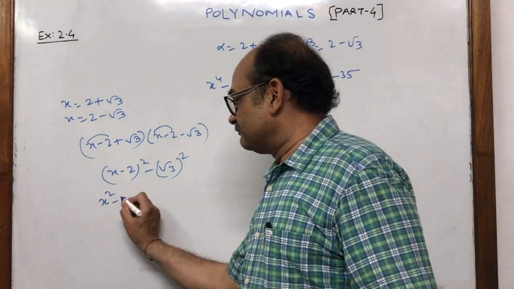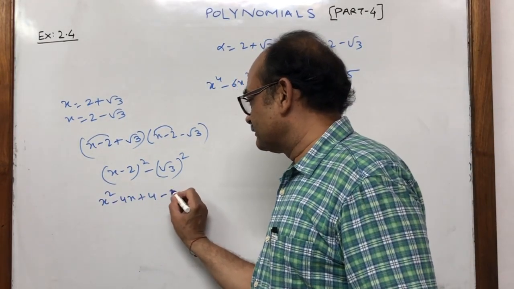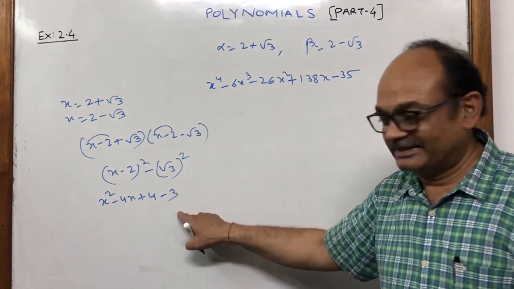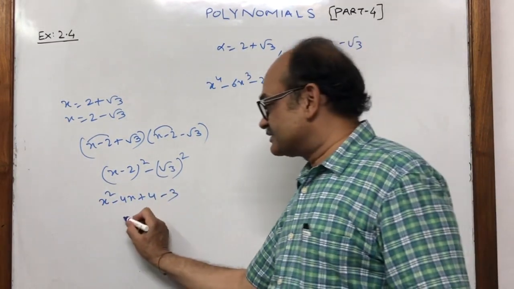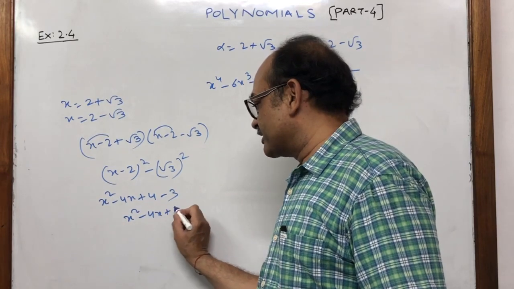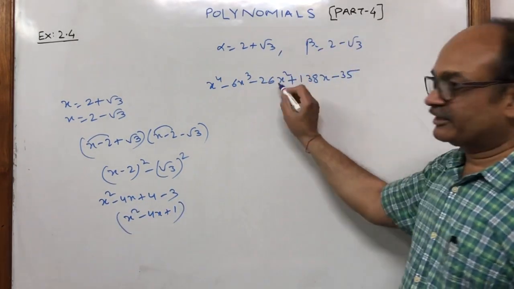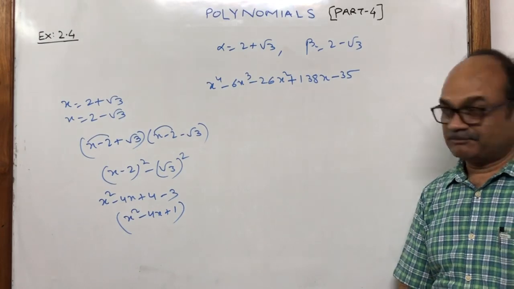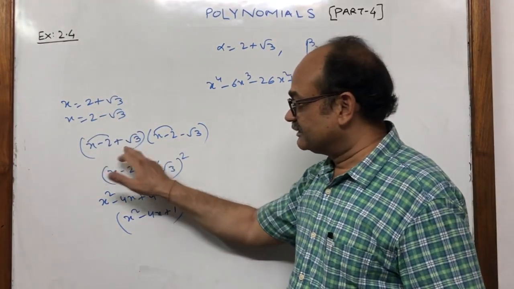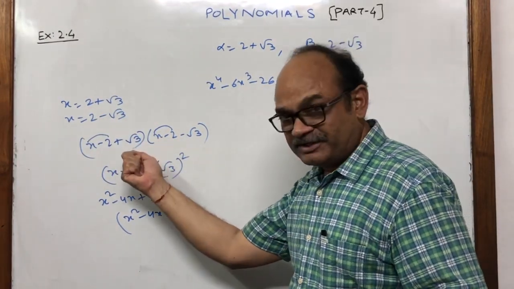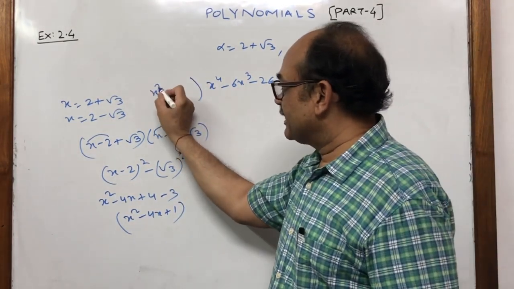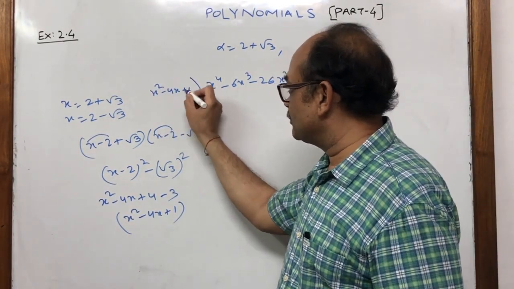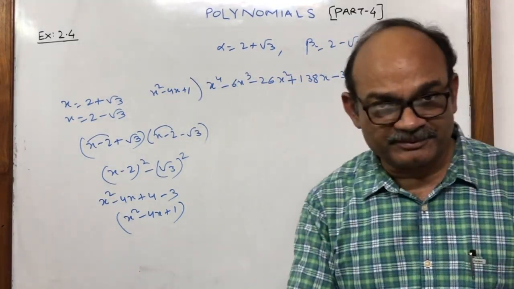If we expand it, root 3 square is 3, so x square minus 4x plus 4 minus 3, that is x square minus 4x plus 1, is also a factor of this polynomial, because separately these are factors, hence their combination is again a factor. It means we have to divide this polynomial by x square minus 4x plus 1.